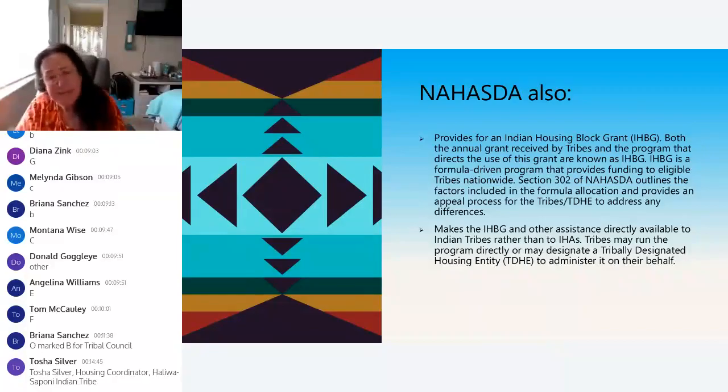It makes our block grant, our other assistance, directly available to tribes rather than IHAs. We used to have to be a separate entity. We were an Indian Housing Authority, and we were run totally separate from the tribe. When NAHASDA came about, now you can be a tribal department. Okay.